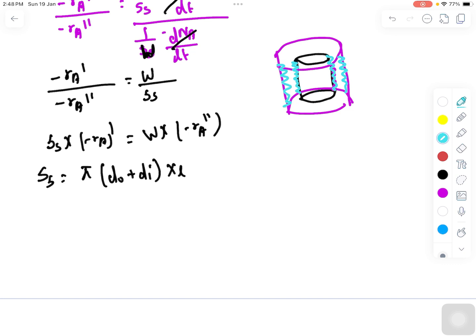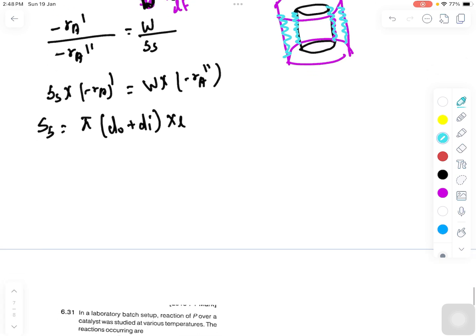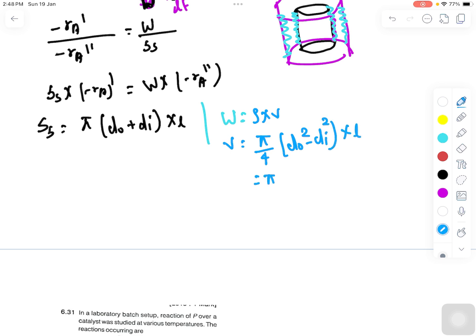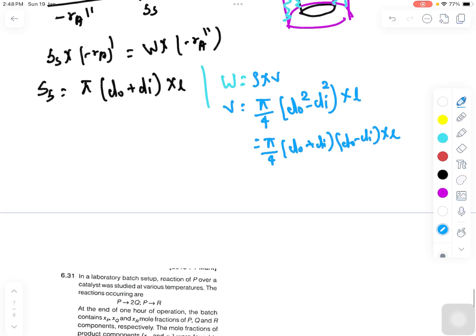That's why I'm writing pi, d outer plus d inner, into L. And what is W? W is equal to density into volume. And what is volume? Volume will be equal to pi by 4 times d outer square minus d inner square, multiplied with L. That can also be written as pi by 4 times d outer plus d inner, d outer minus d inner, into L. So let's substitute all of these things here.